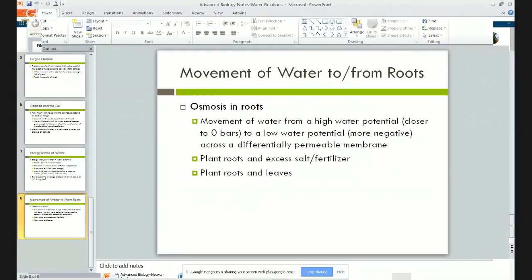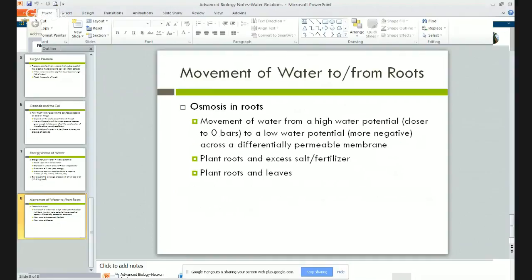So with your roots, again, water is going to move from an area of high water potential, meaning it's got low solute concentration, or high water concentration, to an area of low water potential, meaning higher solute, low water concentration.